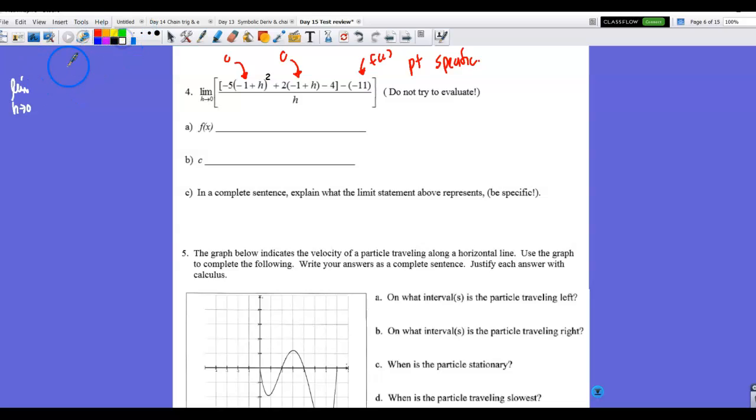Coming back over to the format, it looks like f of c plus h minus f of c over h. Let me see if I can decompose the function, if this is a derivative. So I'm going to take the guts out of here. That would be negative 5x squared plus, taking the guts out of this one, 2x minus 4.